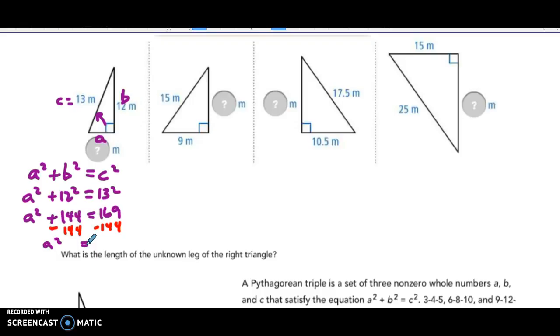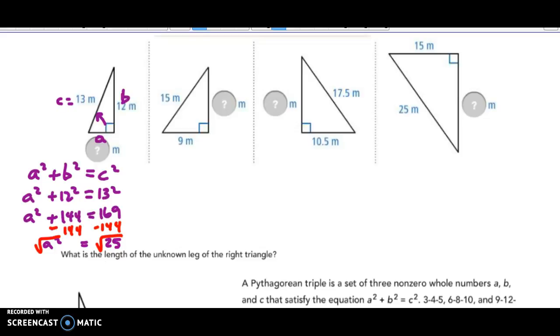On the left-hand side, so remember we're down to using inverse operations, and on the right-hand side I get 25. So my next step then is to solve for A, so I need to get rid of my exponent of a 2. So to get rid of the squared, I need to take the square root.